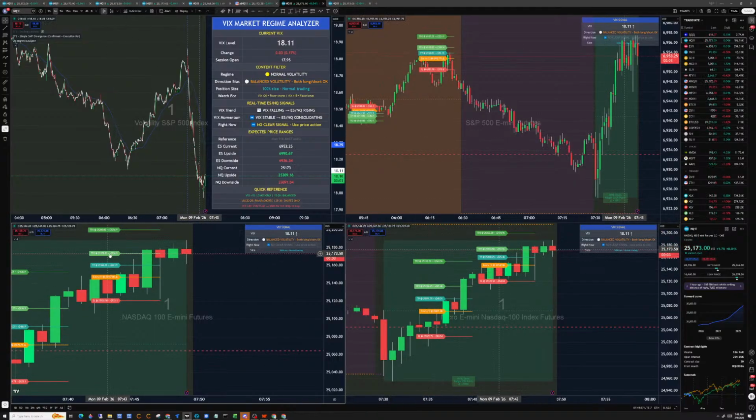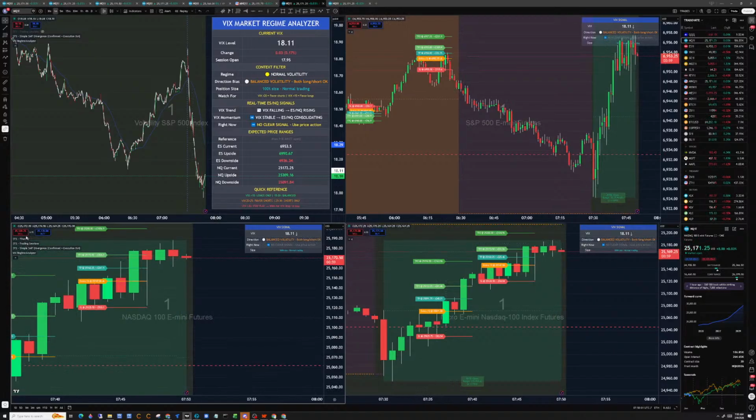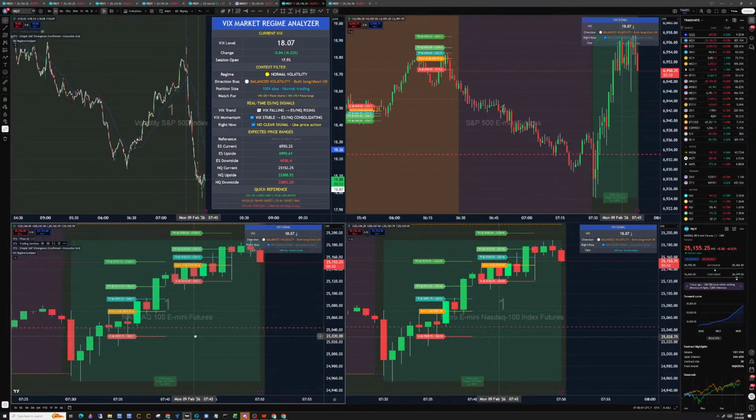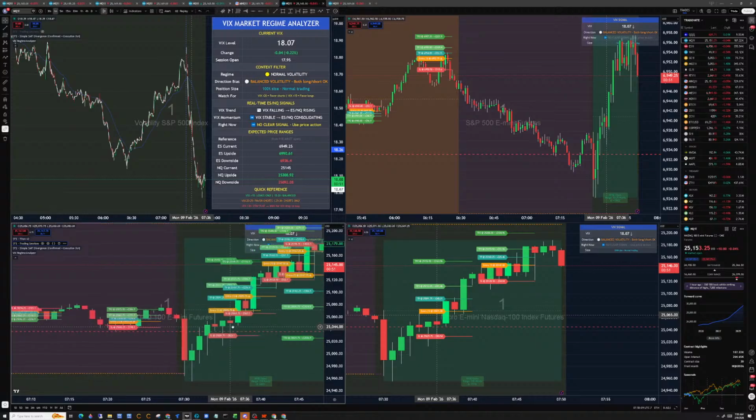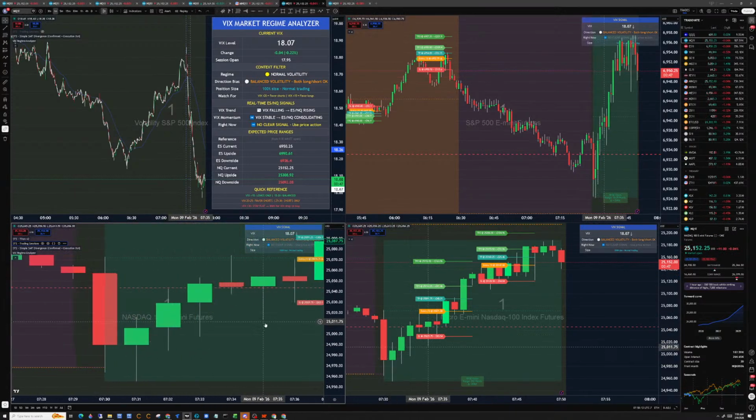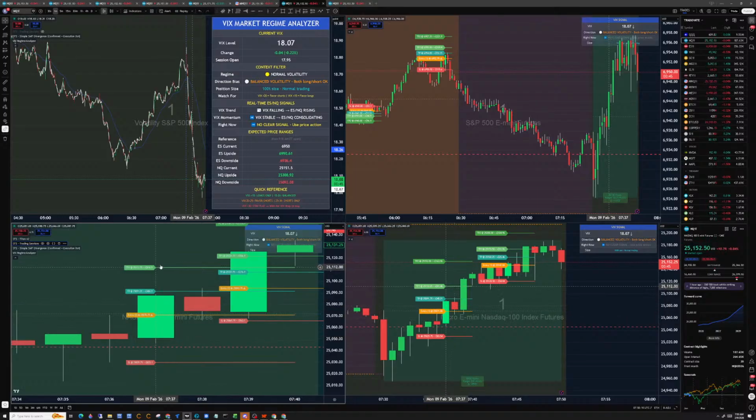I want to show you something. If we were running it regular, this is what it used to look like. This is what it would have looked like before, right? So we would have had all these overlapping signals. Now, this one did win, right?